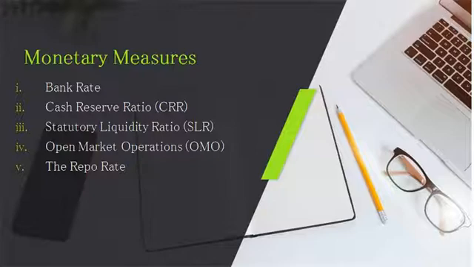So RBI will purchase or sell government securities in the open market in order to increase or decrease the supply of money. And the reverse repo rate and the repo rate are the rates of interest at which the RBI will lend money, and the commercial banks will lend money to the RBI. So these are some of the monetary measures.